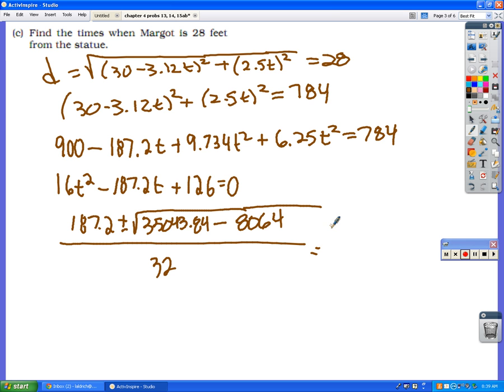So we get 187.2 plus or minus 164.26 divided by 2a, divided by 32, that's what I said. All right, so you add those together, divide by 32, and then subtract them and divide by 32, and tell me your two answers.